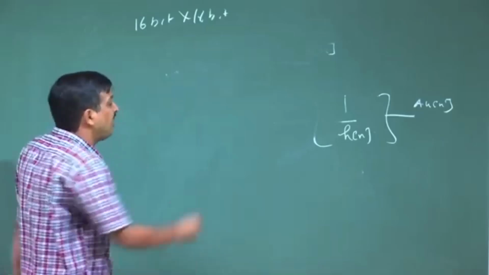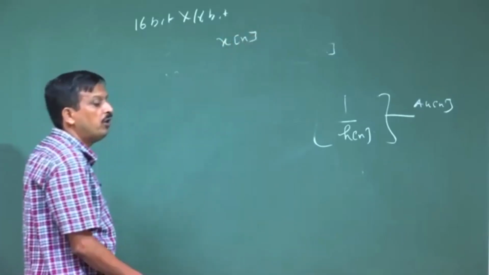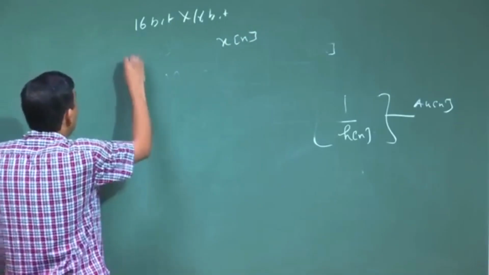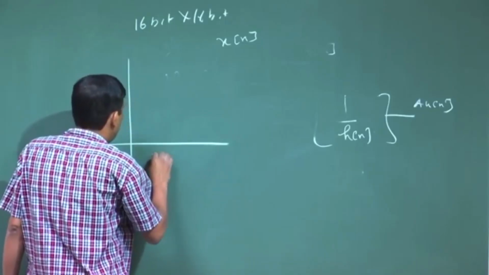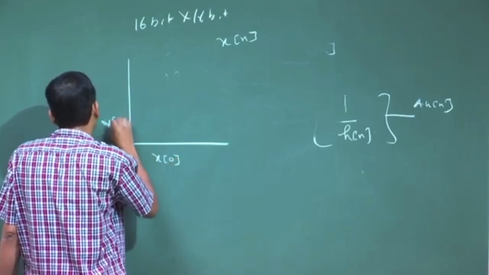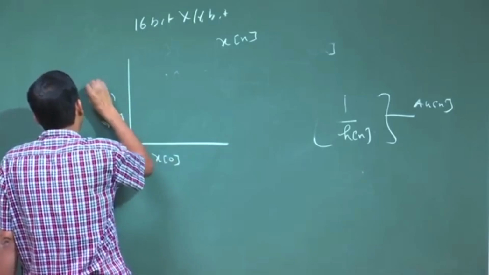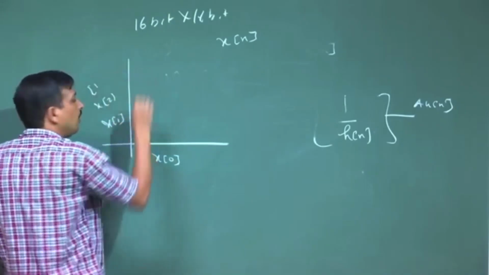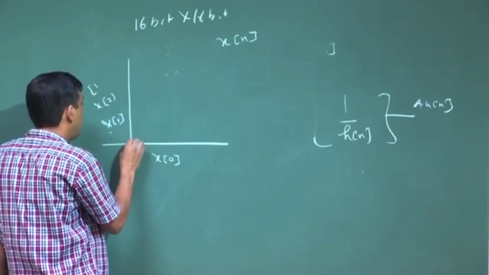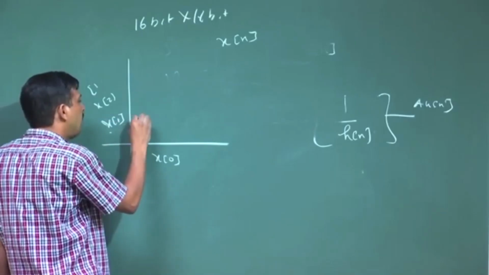Suppose you have a signal x(n) which is a periodic signal, with some fundamental frequency. Now, if I want to plot x0 versus x1, then x0 versus x2, x0 versus x3 and so on. So, x0 versus x0 will come here, x0 versus x1 will come here.